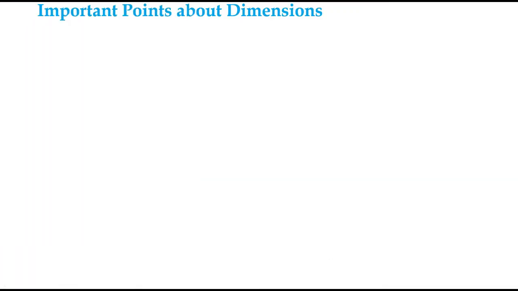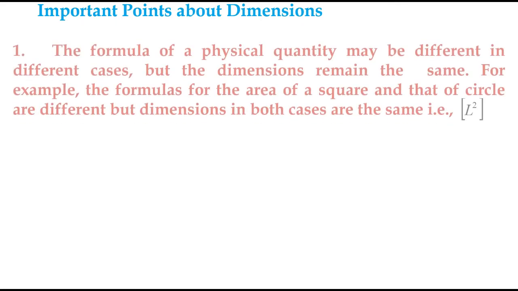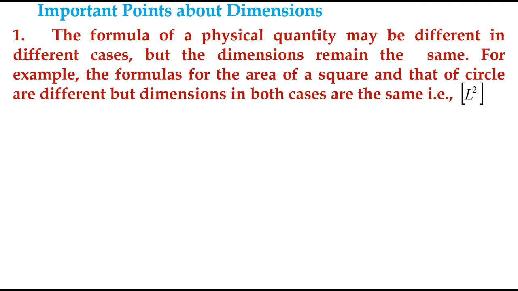Let us see important points about dimensions. The formula of a physical quantity may be different in different cases, but the dimensions remain the same. For example, the formulas for the area of a square and that of a circle are different: area of square is s square, area of circle is pi r square.